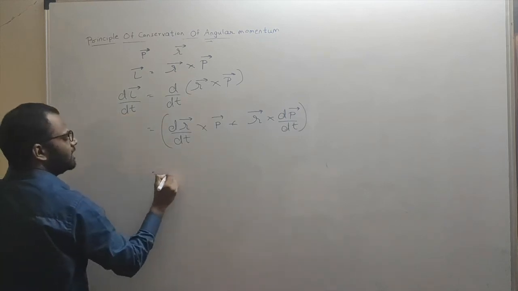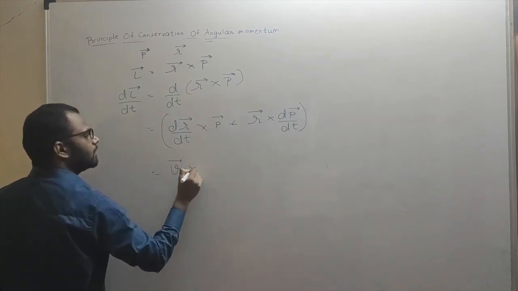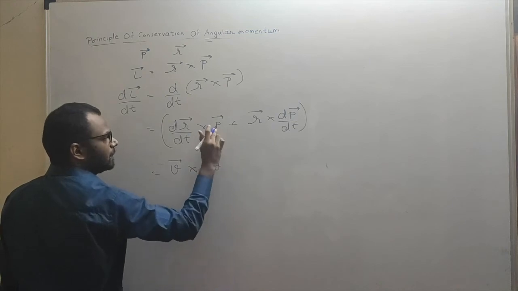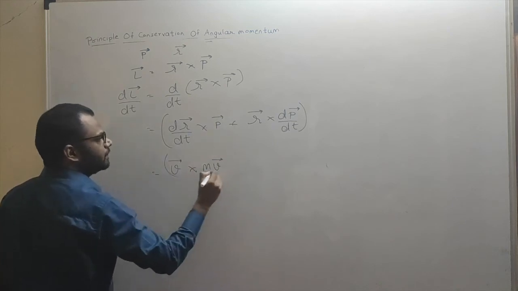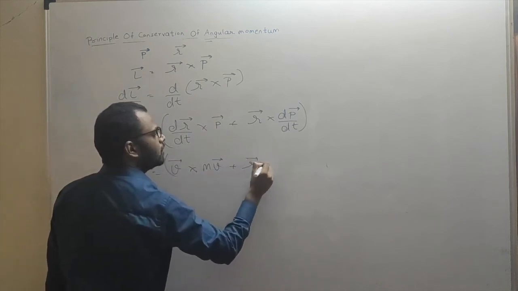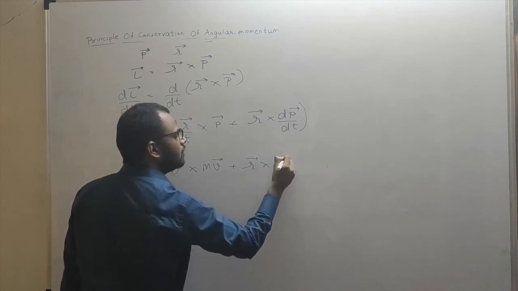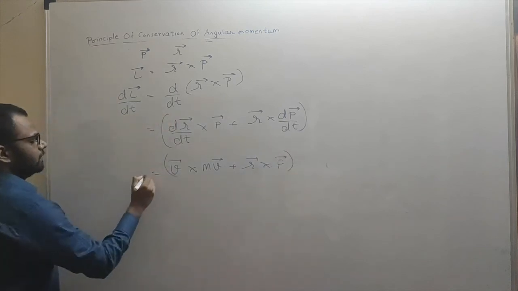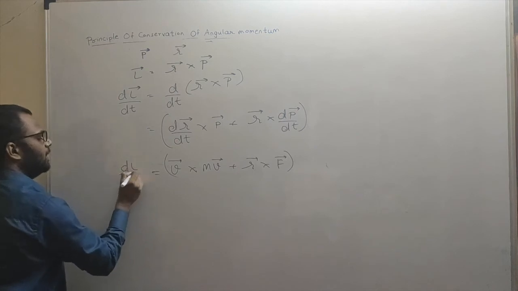Now dr by dt is nothing but the velocity. p can be written as mv, so v cross mv is 0. And r cross dp by dt is nothing but r cross the force acting on that particle, right?